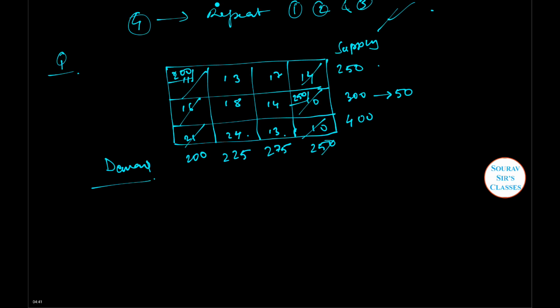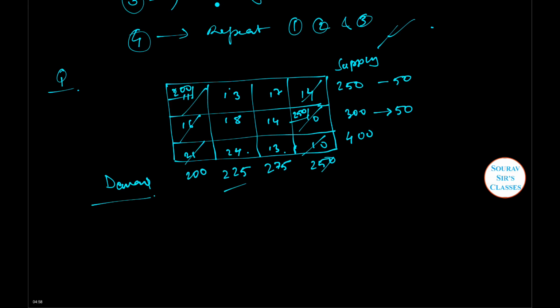Similarly, this will be changed to 50, and the next minimum element is 13. The demand of this column is 225, whereas the supply to this cell is only 50. Hence we allocate 50 as this is the maximum possible and cross the first row.